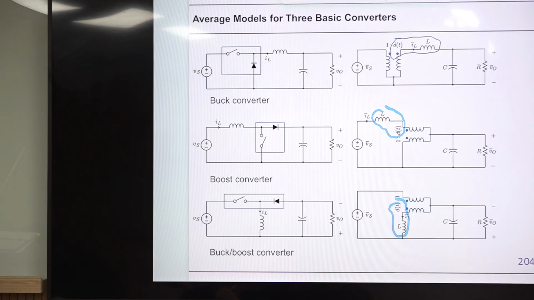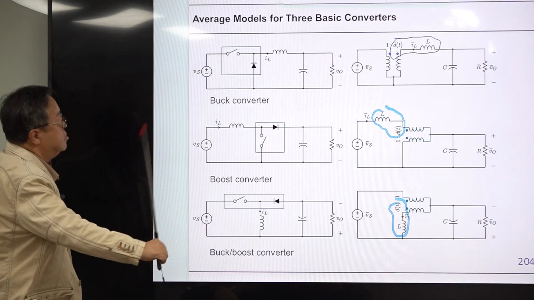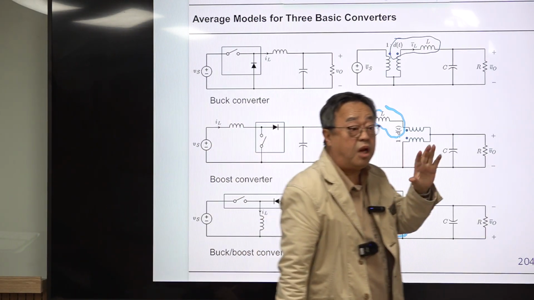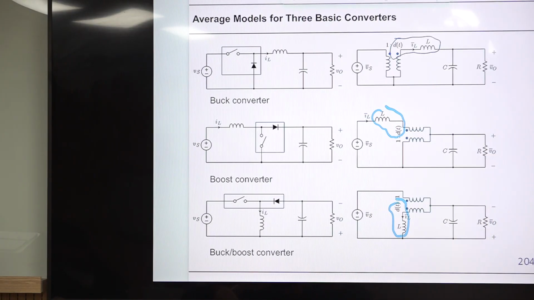This is the second part of this lecture. This slide shows the extension of the small signal model, the average model of the Buck converter, into other topologies.